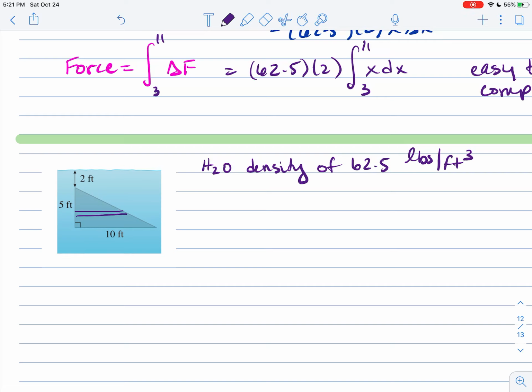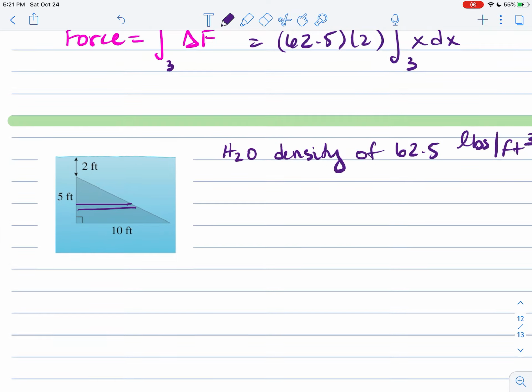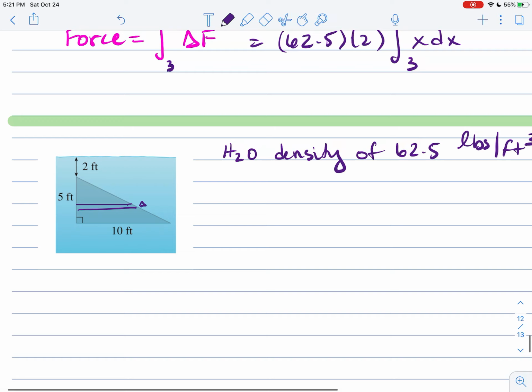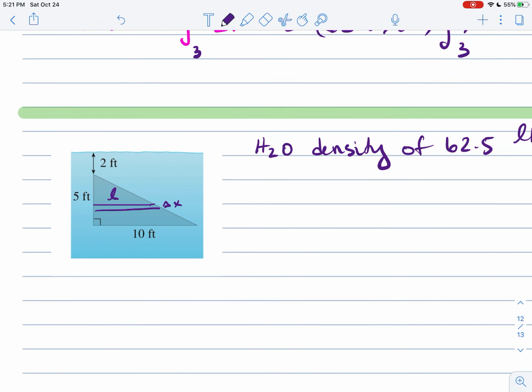If I put my slice in there, notice that not all of my slices are uniform like they were in the previous example. So I might have to use some similar triangles, because I'm going to have a delta X slice here, but I'm going to need to find my length, and my length is going to depend upon where I place my 0.